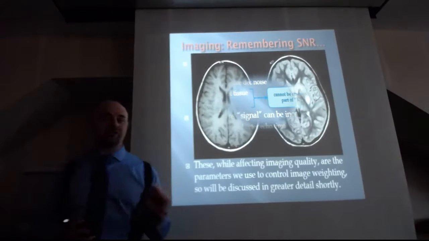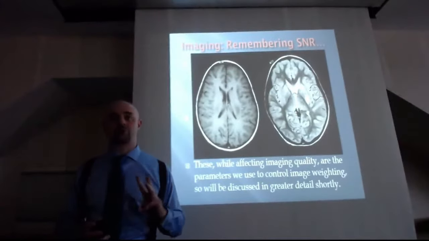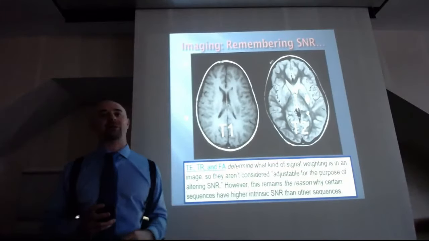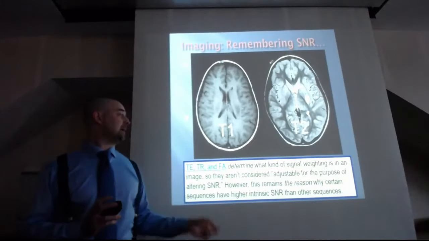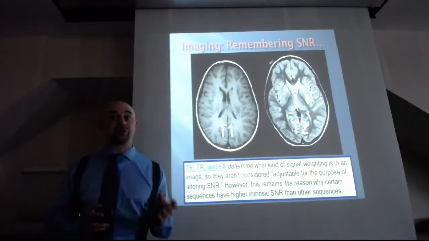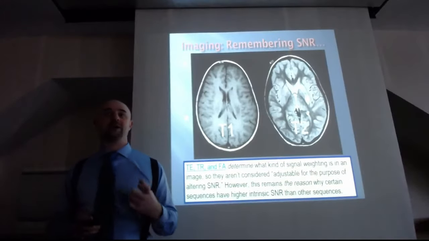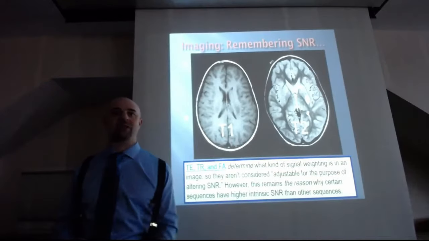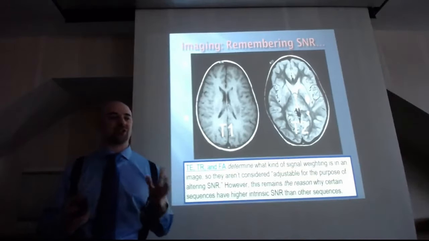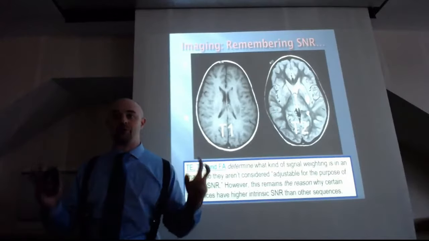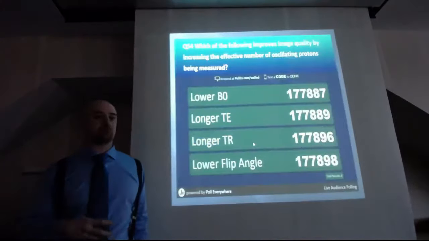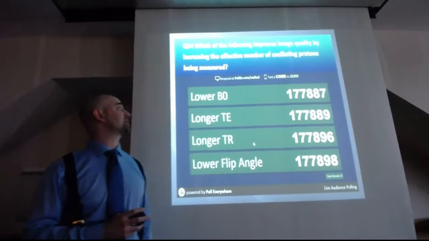Even though it is true that those 3 things affect your signal to noise ratio, you should not think about them that way, because those are the things that we use to determine what kind of images we're seeing. Is it a T1? Is it a T2? Is it a proton density? Because changing those things will completely change the image weighting of your sequence, you can't rely on those for changing your signal to noise ratio.